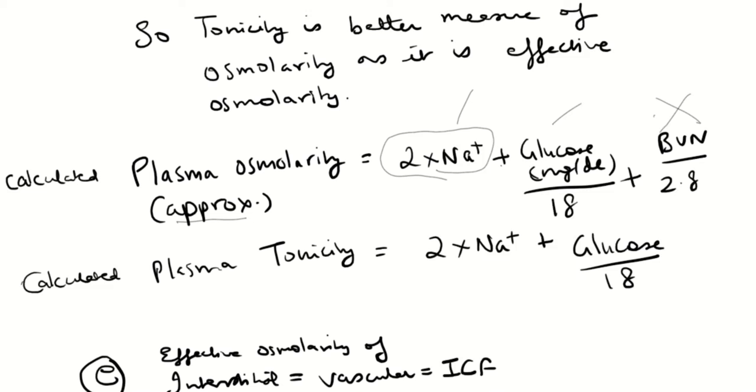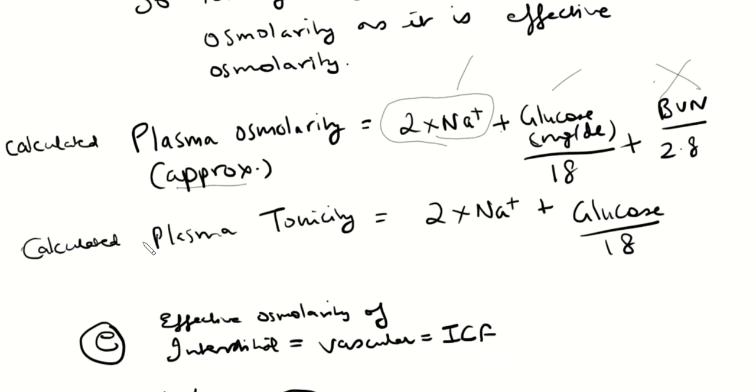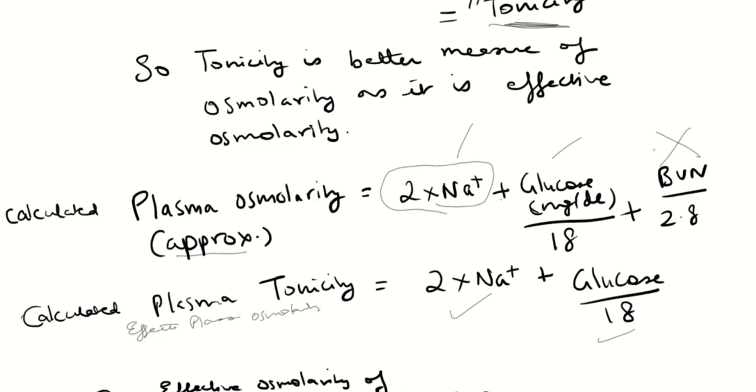So the effective plasma osmolarity, or tonicity, plasma tonicity, which is calculated, would be 2 times sodium plus glucose divided by 18. Same thing, I just take the BUN, blood urea nitrogen, out. So you guys see the difference between tonicity, osmolarity, and osmolality, okay?